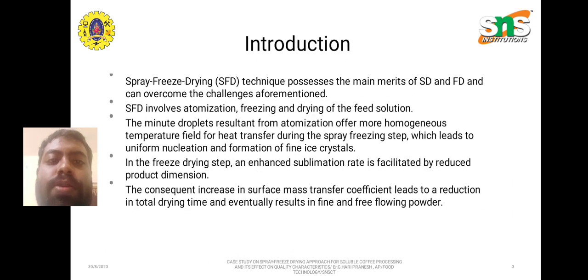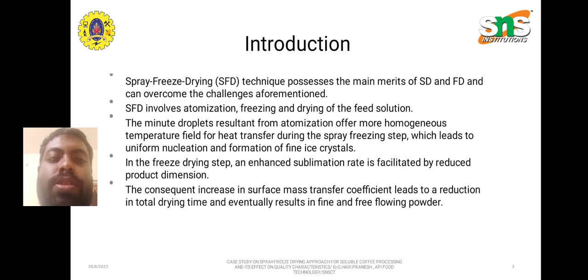The spray freeze drying (SFD) technique possesses the main merits of SD and FD, that is spray drying and freeze drying, and can overcome the challenges aforementioned. Spray freeze drying involves atomization, freezing, and drying of the feed solution. The minute droplets resulting from atomization offer a more homogeneous temperature field for heat transfer during the spray freeze step, which leads to uniform nucleation and formation of fine ice crystals.